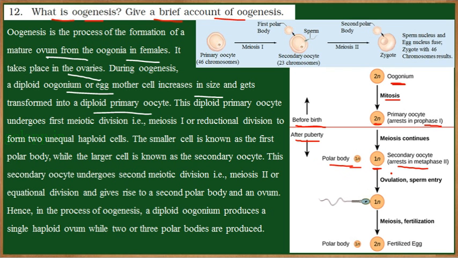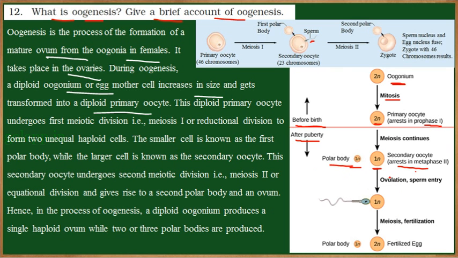Now the secondary oocyte will complete its second meiotic division, but only if the sperm enters into the secondary oocyte. At this stage ovulation occurs.